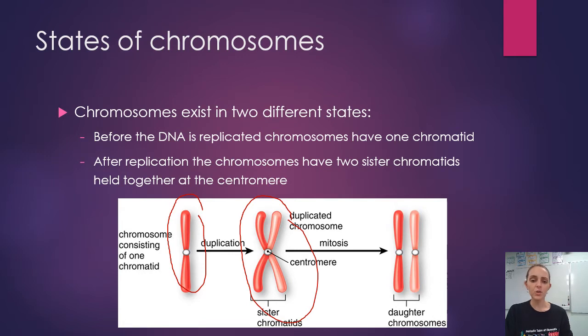When they are going to copy in replication, they duplicate to form this X structure that we commonly associate with chromosomes. But actually, we refer to this as sister chromatids. They're two chromatids that contain the same information. In mitosis, we then split those two sister chromatids apart so that we have an identical copy of the daughter chromosomes, one going into each of the new cells.